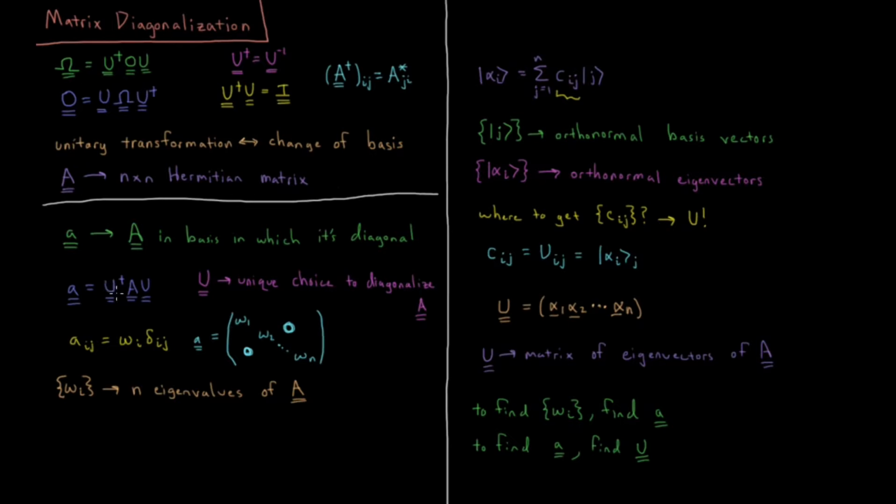So what you can do is use some computer program, MATLAB, Mathematica, or your favorite programming language or linear algebra library, and find what this matrix is. And therefore, once you've found U, you have all of the eigenvectors. And then once you do a unitary transformation of A, you have the diagonalized A, which is all of the eigenvalues of A. So finding eigenvectors and eigenvalues of A is all a process of finding the diagonal of A.